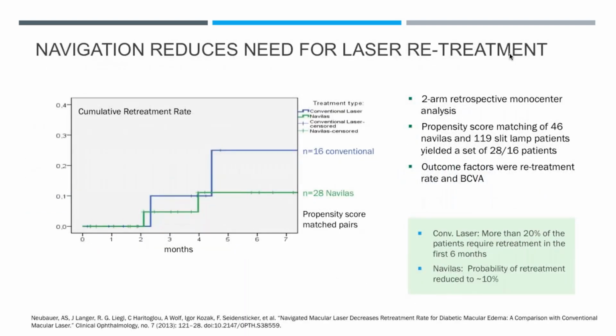Again, navigation significantly reduces retreatment, and this study clearly shows that in laser photocoagulation, sometimes we need to retreat the pathology, and when using this targeted approach with a pre-planned photocoagulation, we are able to reduce the number of subsequent treatments that are necessary to achieve the desired outcome. And this is also a very important feature that eye tracking adds to clinical application.